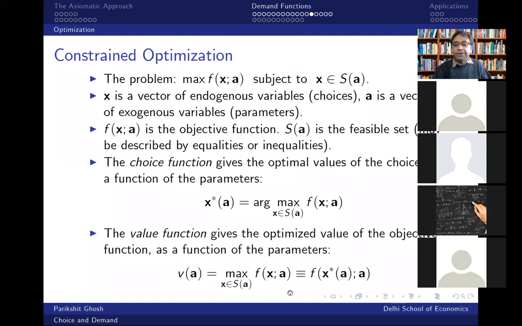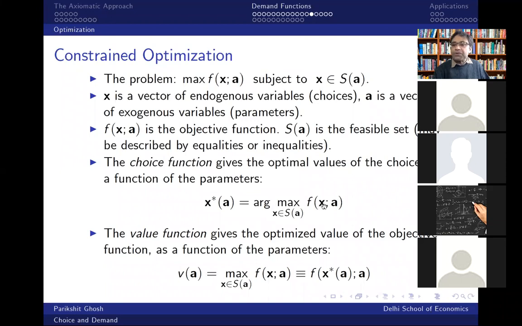Excuse me, sir. Can you please explain this expression x star as a function of a is equal to argmax of f of x? If you haven't seen this before, max of f means the maximum value of the function. Argmax means whatever value of x maximizes the function, that is what we are referring to. Arg is short for argument.